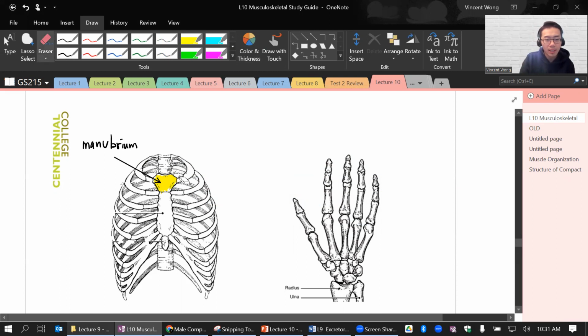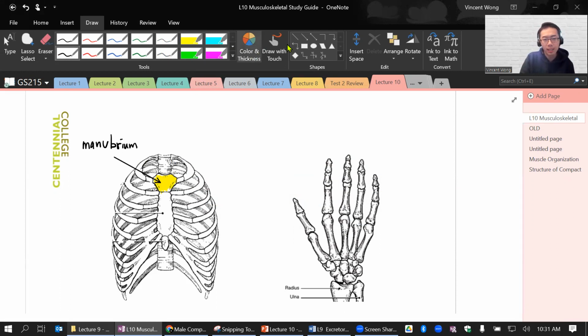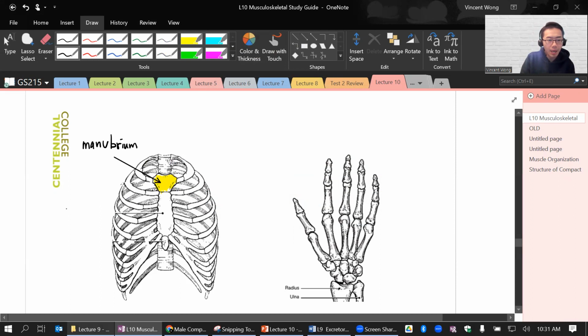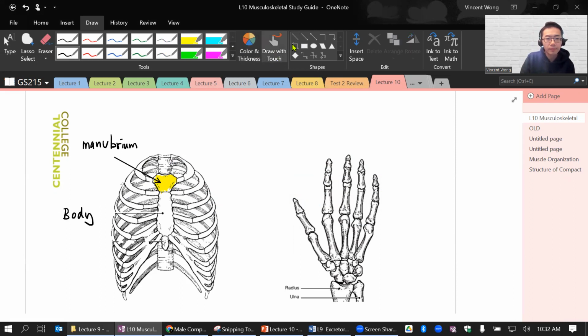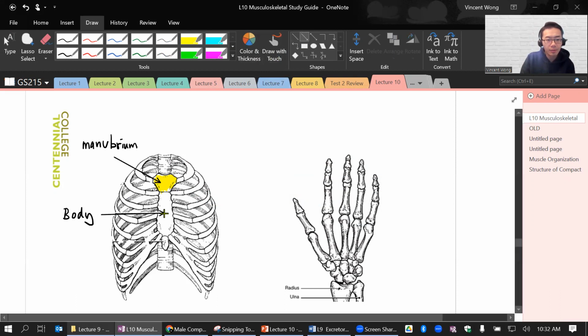You see number 1 connects to it, number 2 also connects partly to it. This is the body. It's the easiest bone to learn. And then that's the xiphoid process. I'll call that 1, 2, 3. 1 plus 2 plus 3 gives you sternum.